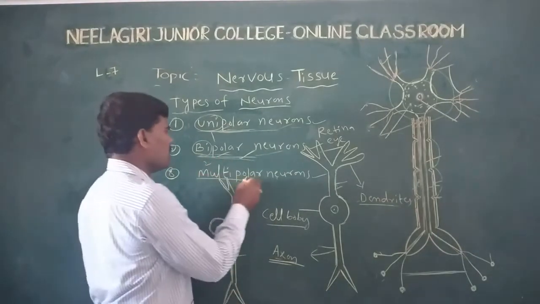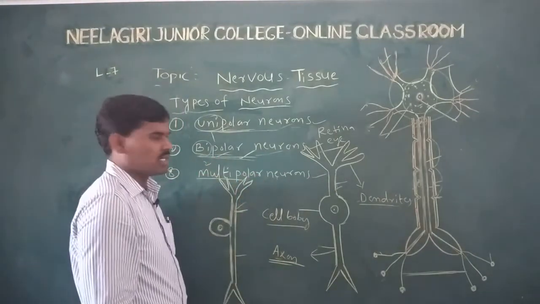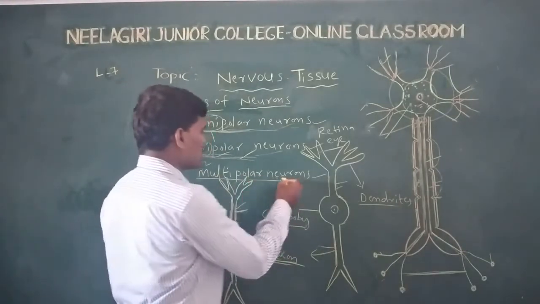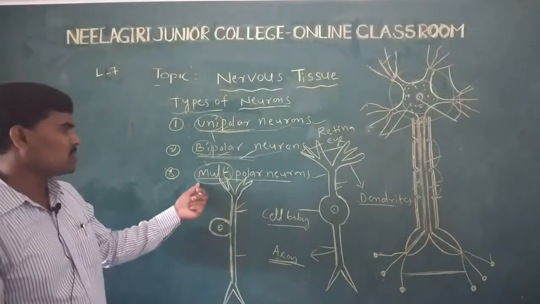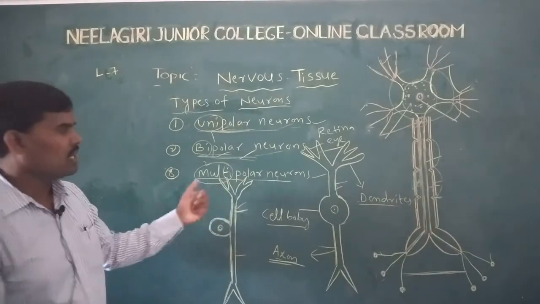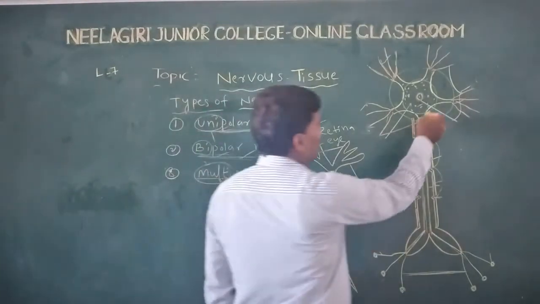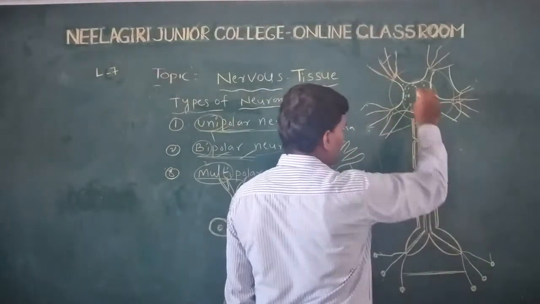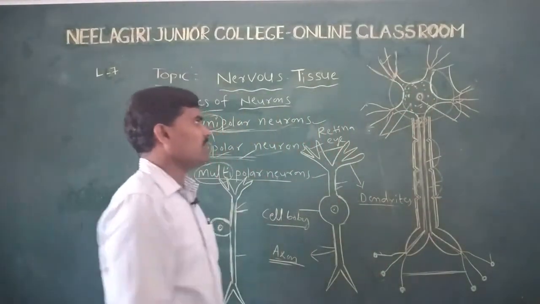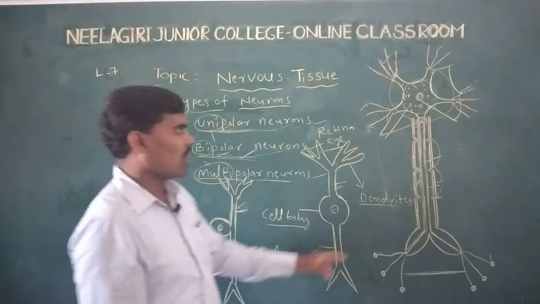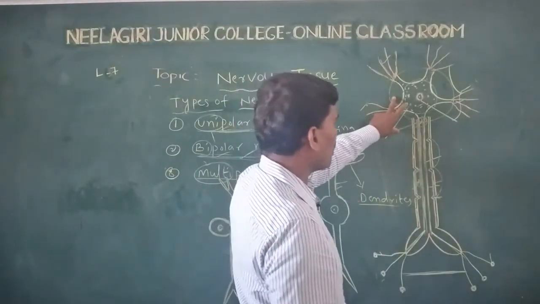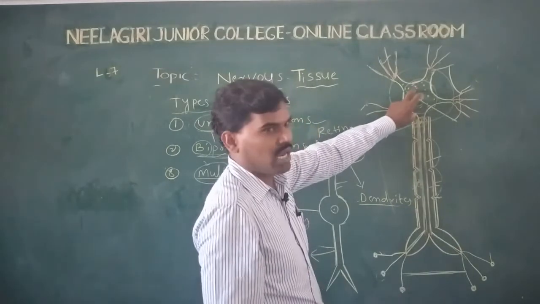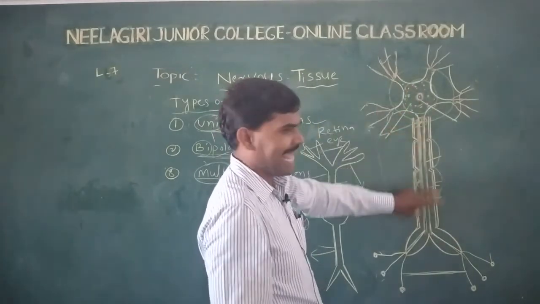Now let us see multipolar neurons. Multi means two or more. This structure was already explained in detail in the previous class. Multipolar neurons have cell bodies, dendrites and axons.